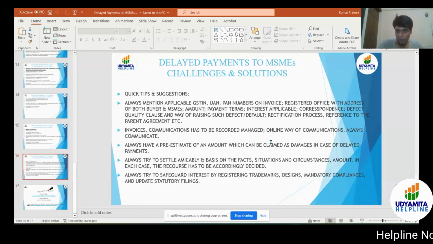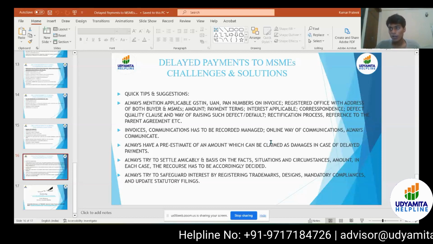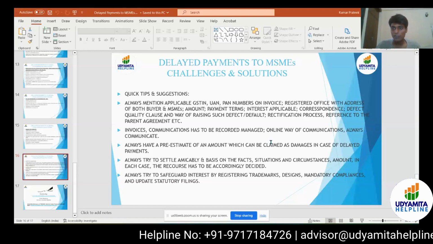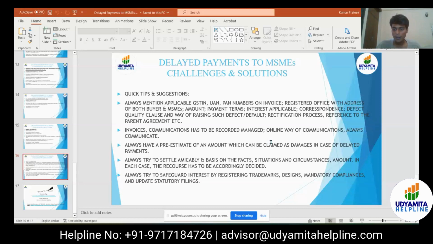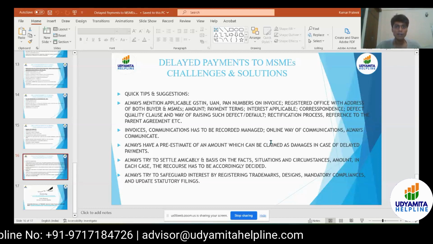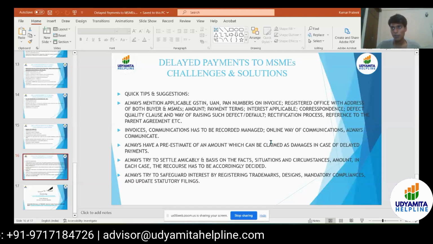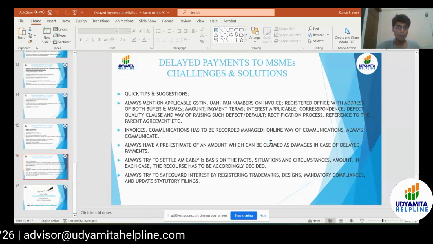Always have a pre-estimate of an amount which can be claimed as damages in case of delayed payments. So with all of these liquidated damages, when you communicate and are quick with your turnarounds, as soon as you face a loss, let's say you had to pay a vendor a certain amount of money, but you were not able to pay that vendor just because your payment from another supplier was delayed. So now you have to pay this vendor an interest component, right?